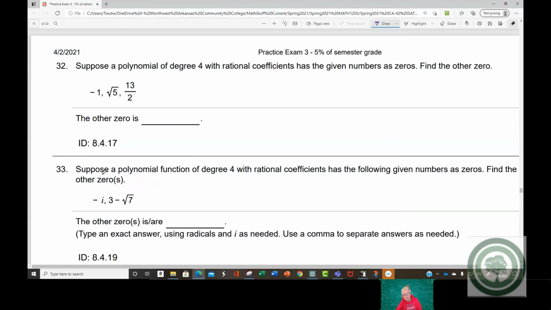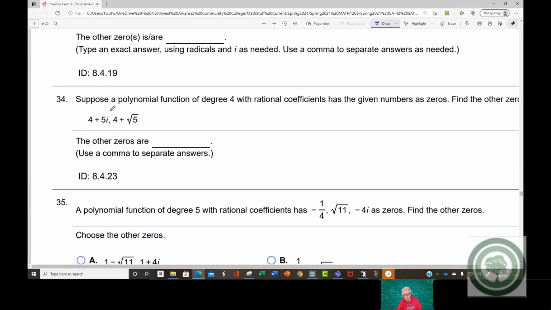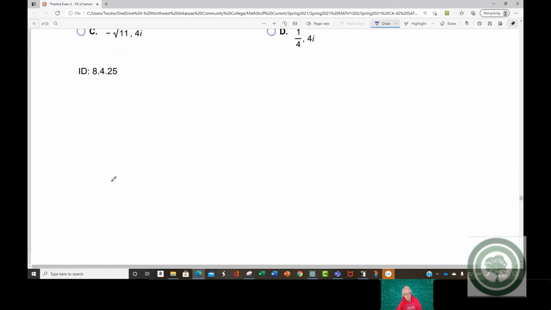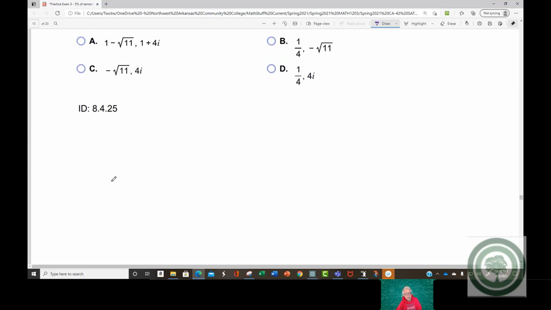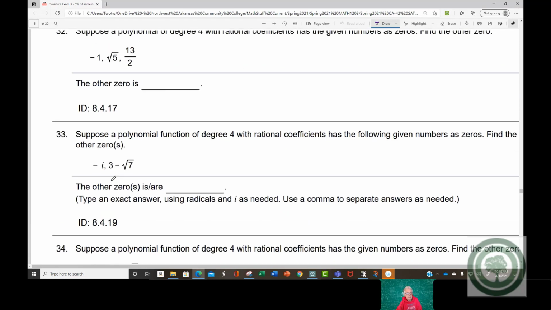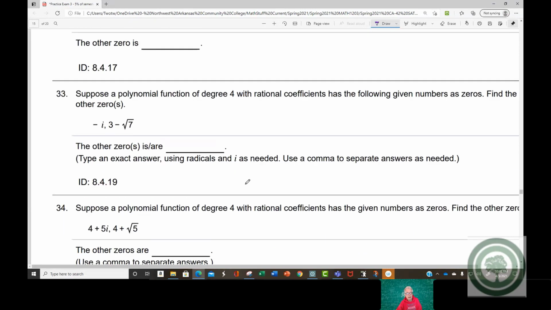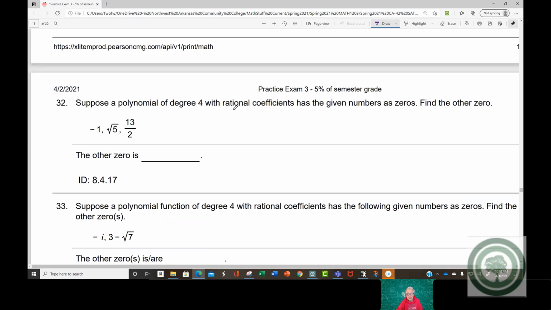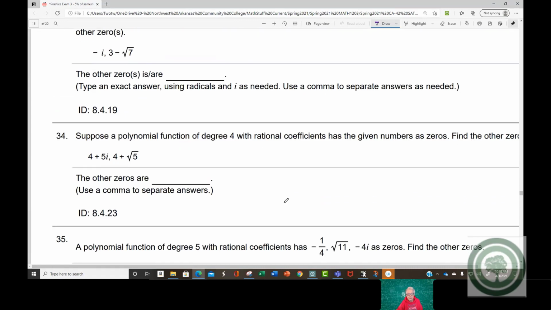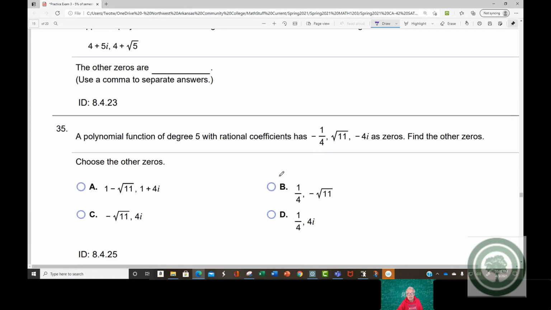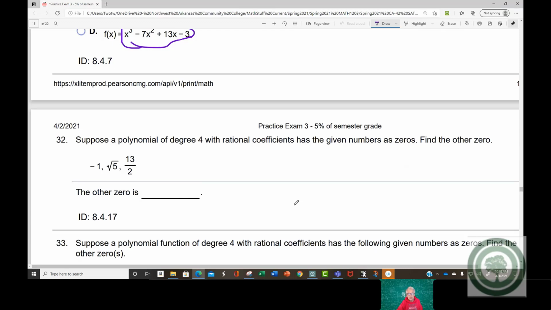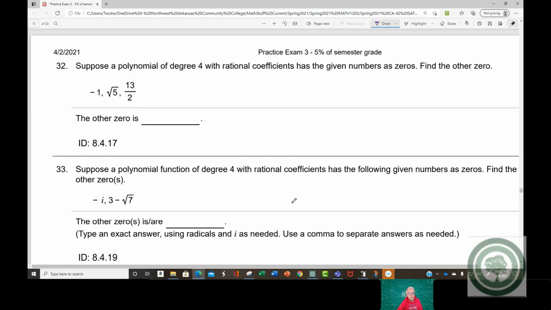Well, it's stipulated here in actually all of these problems up to 35, and then the answers start. So for 32, 33, 34, and 35, you're told either that you have rational coefficients or real coefficients, and since rational numbers are real numbers, let's just say real and rational.